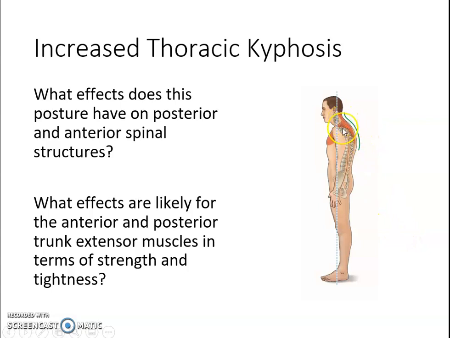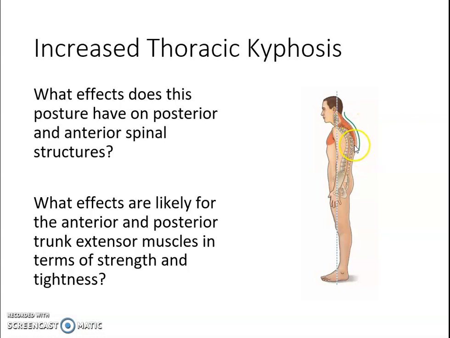During bad posture or certain pathologies such as osteoporosis, and in case of any vertebral fracture, people may develop a bad posture of forward head, rounded shoulders, and increased thoracic kyphosis.